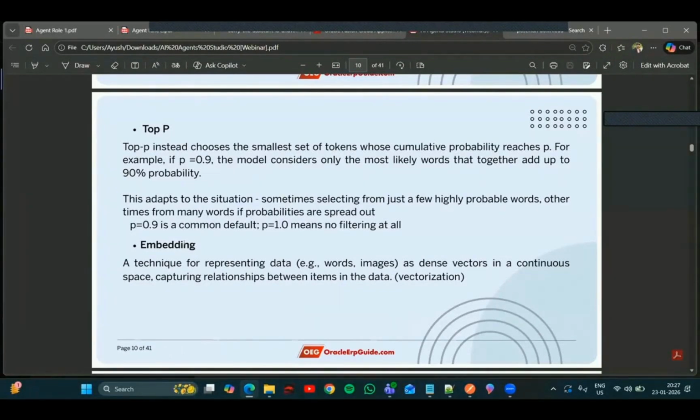Embedding assigns x, y, and z coordinates in a three-dimensional space for the word apple, and plots it in a graph so that we get the relative position in three dimensions for every word present in the universe. That is done for vectorization and embedding.